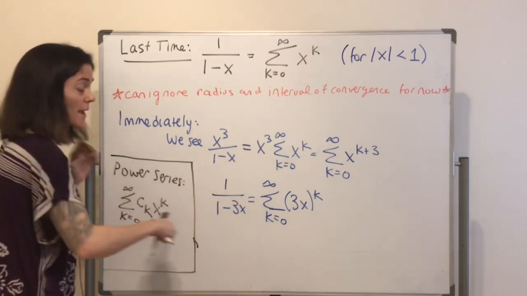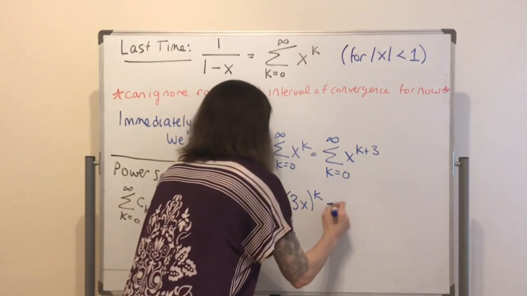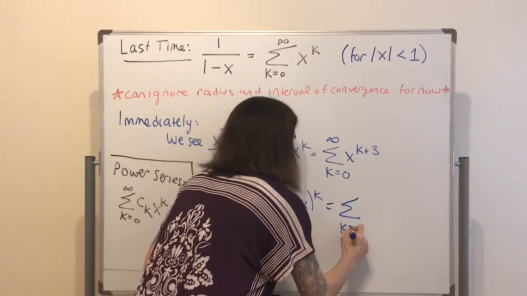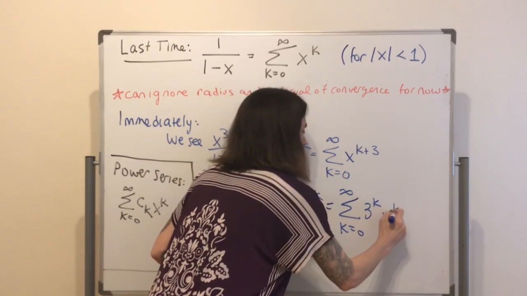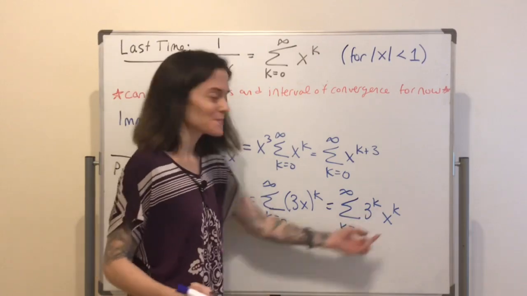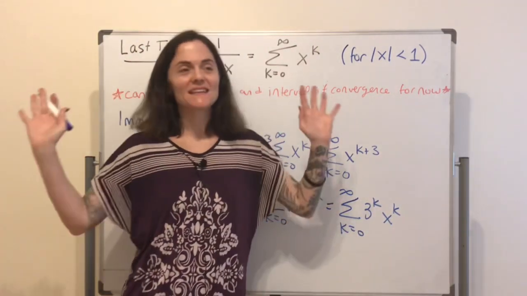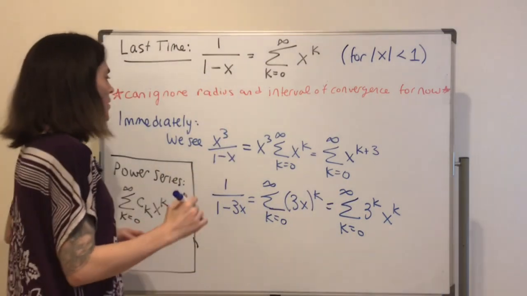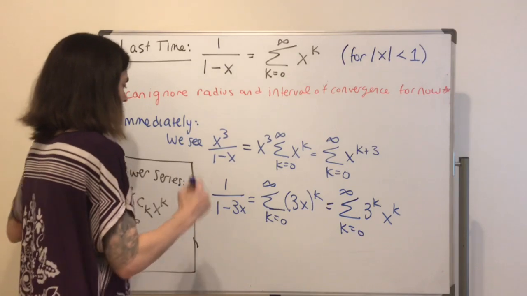And we almost have it here. Again, this is properties of exponents. So this is 3 to the k, x to the k. Now you see it's coefficients times powers of x. So immediately, without taking any derivatives or using the definition, for example, we have power series representations.